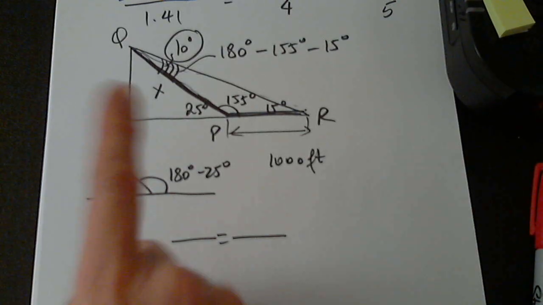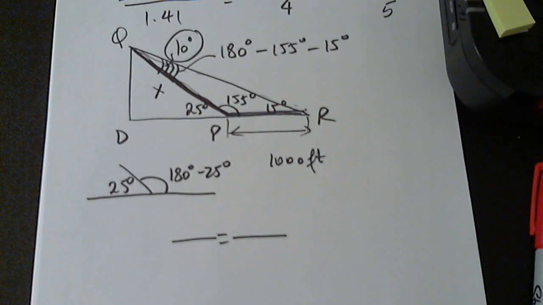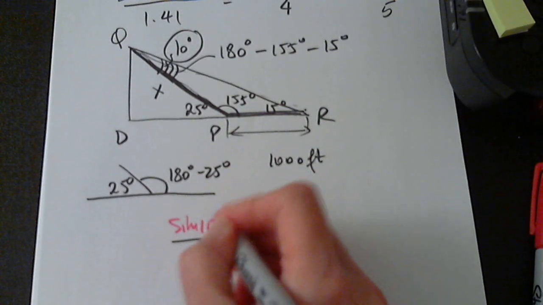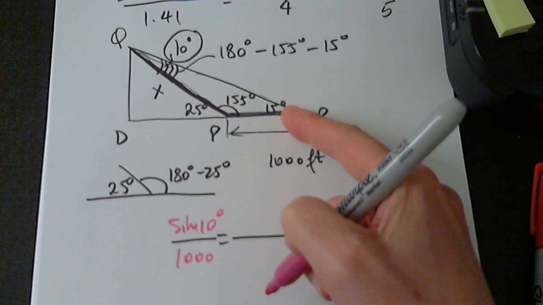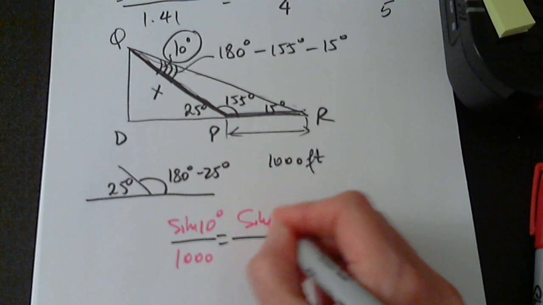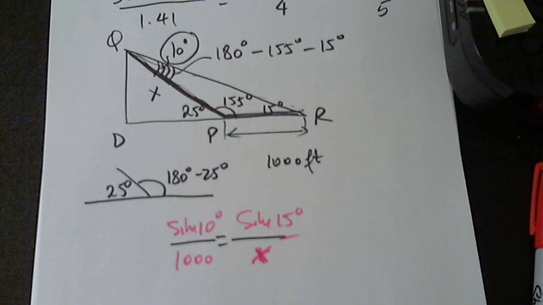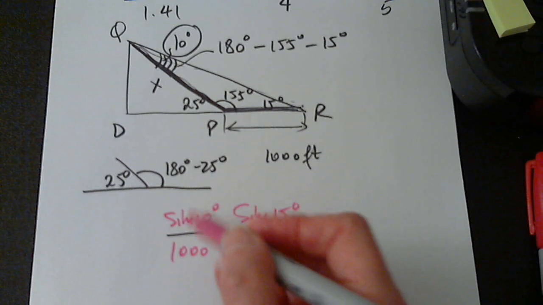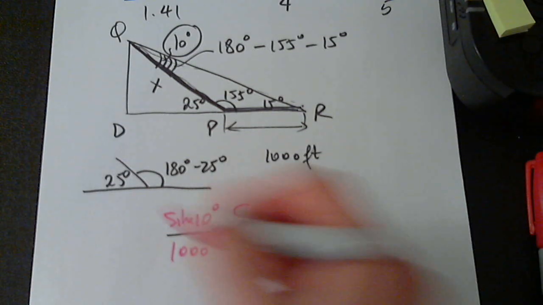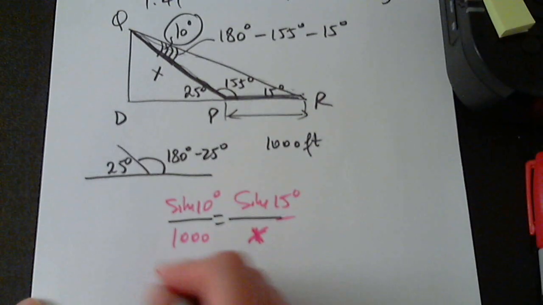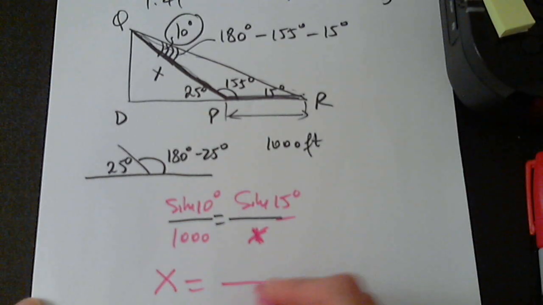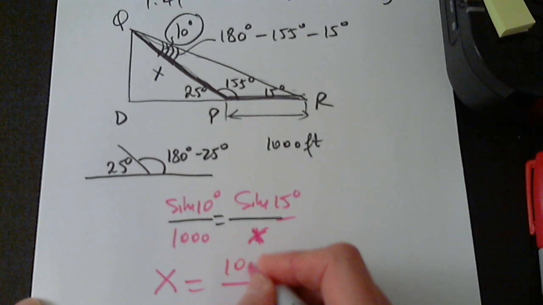Is it sine 10 over 1,000 equals sine 15 over X? Excellent. That's all I needed. Known, known, known. Cross multiply and divide by this. So X equals sine 10 degrees in the denominator and this product in the numerator.